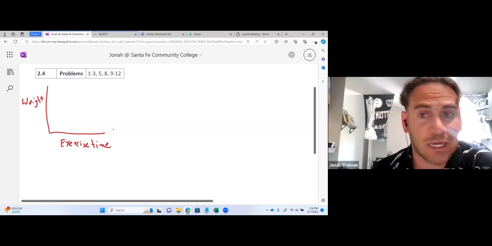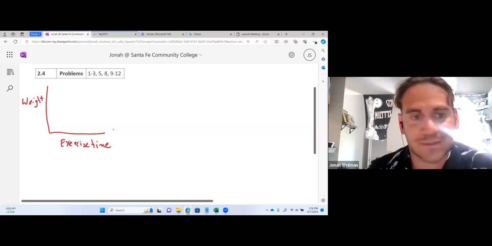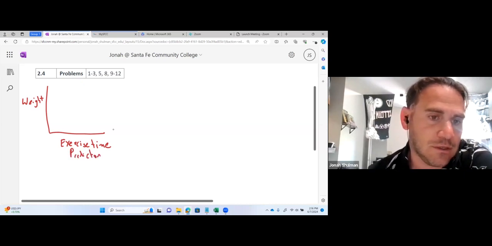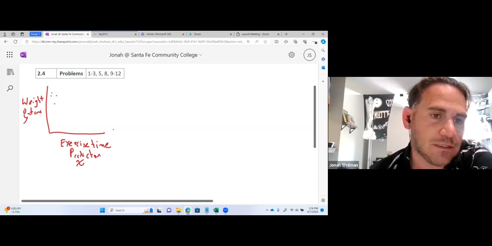So the more we exercise, we should lose some weight, right? That's kind of the deal. So this is our predictor variable in this case. And this is our outcome variable. For these regressions, the predictor variable always happens on the X, the outcome happens on the Y. And it's probably going to look something like this.